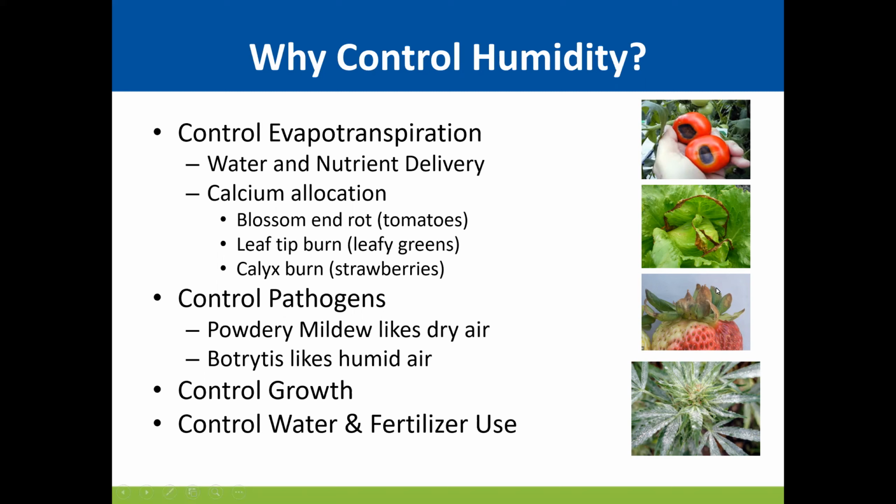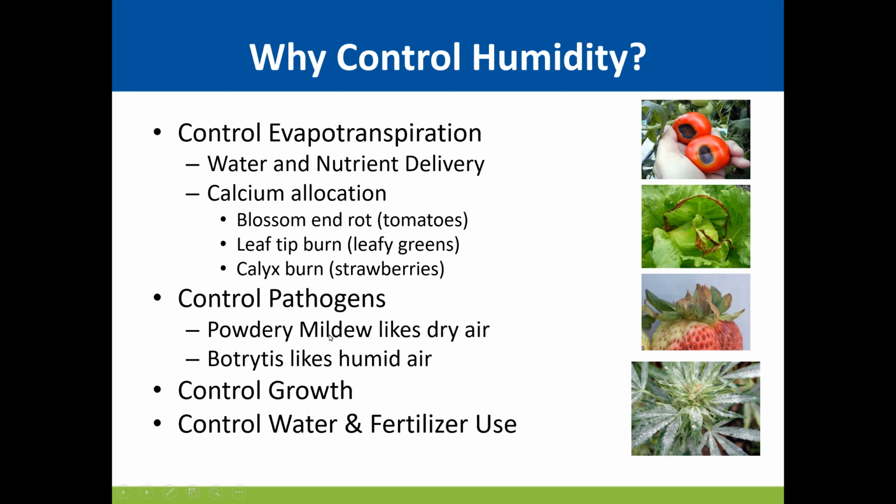Calyx burn on the tips of the leaves on top of the strawberries is also caused a lot of times by poor humidity control. A lot of you I know are concerned about high humidity. So calcium allocation is actually frequently due to low humidity, to dry conditions. Pathogens, on the other hand, are typically associated with humid conditions, but that's not always the case.